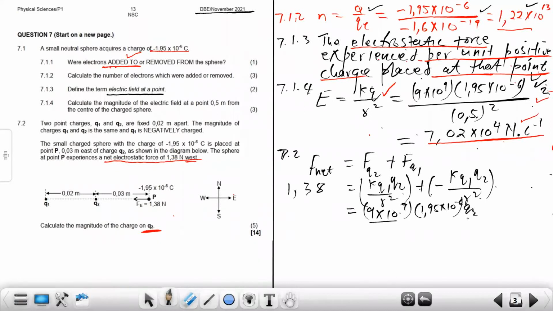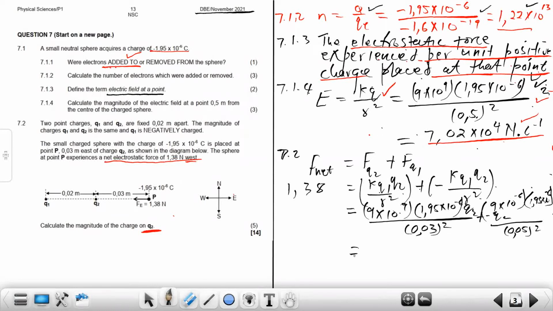And then Q2, the distance now between the two is 0.03 squared, plus now 9 multiplied by negative 10 to the power negative 6 multiplied by Q1, which is 1.95 multiplied by 10 to the power minus 6, and you still have your Q2 divided now by 0.05 squared.